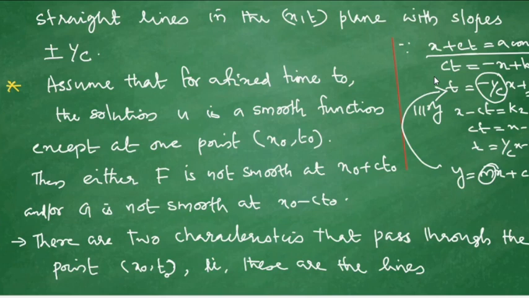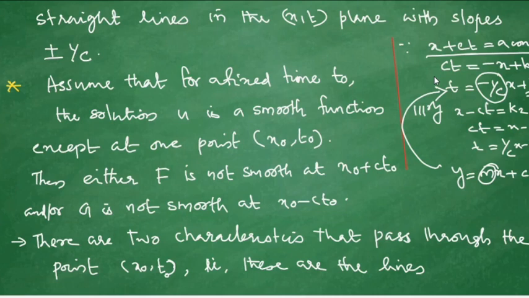Then u is a smooth function except at this point, and since u is the sum of f and g, either one of the functions f or g or both is not smooth at the points x naught plus c t naught and x naught minus c t naught respectively.